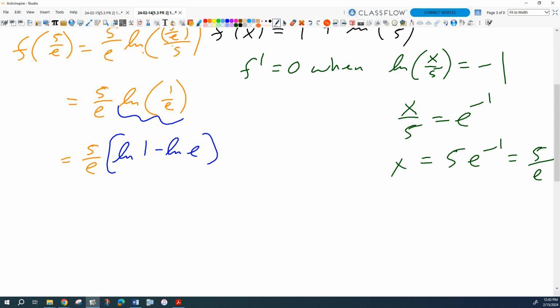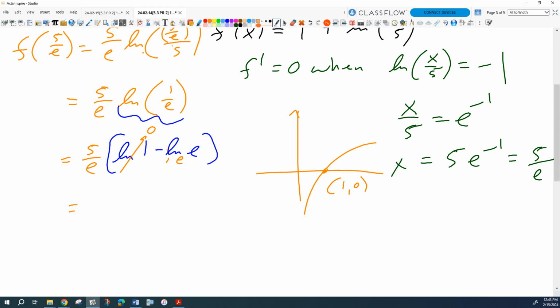Because the natural log function always crosses the x-axis at the point 1, 0. So that's 0. Natural log of e is what? Natural log means base e, right? So 1, exactly. So I get 0 minus 1 times 5 over e.